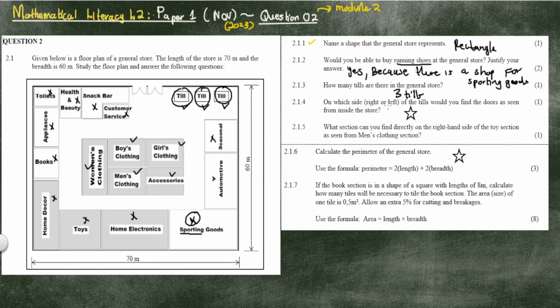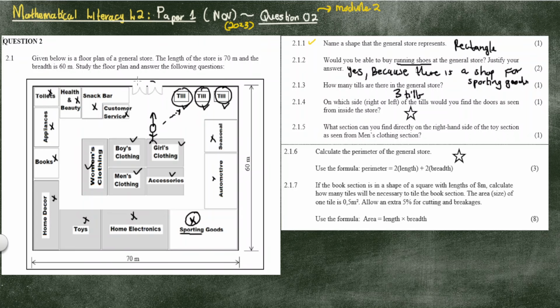2.1.4. On which side, right or left of the tills, would you find the doors as seen from inside the store? So this is you standing, facing that direction. On which side of the tills? My tills are positioned to your right side. Now, on which side, right or left of the tills, would you find the doors?